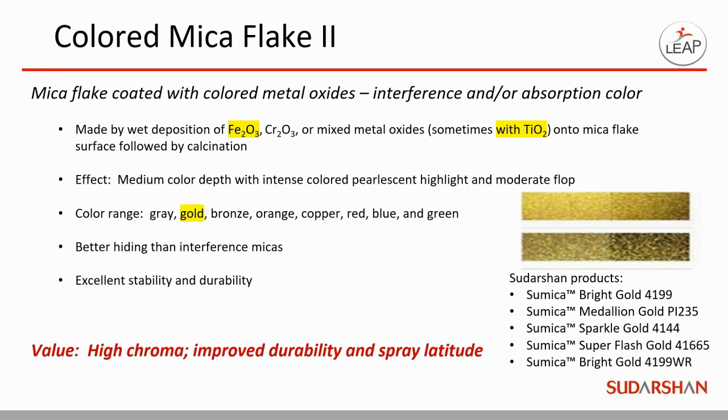These do have better hiding because of that iron oxide on the surface there. So great chroma and improved durability and spray latitude. In this space, we have a number of products in terms of color, from red shade to green shade, as well as size.